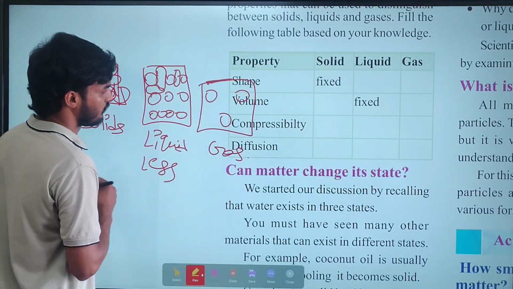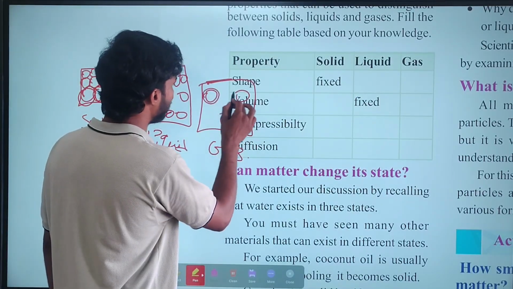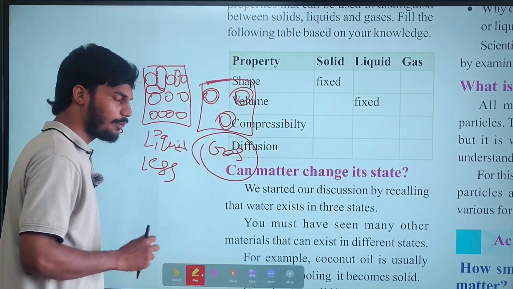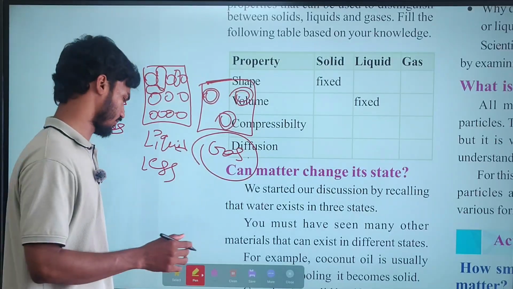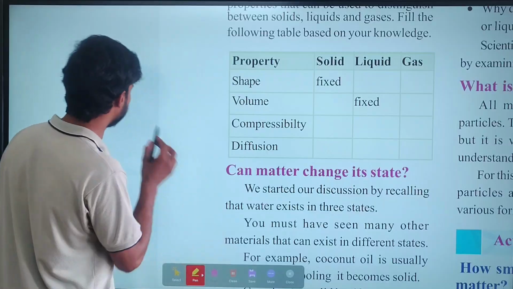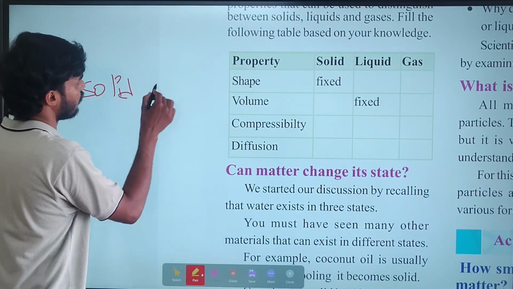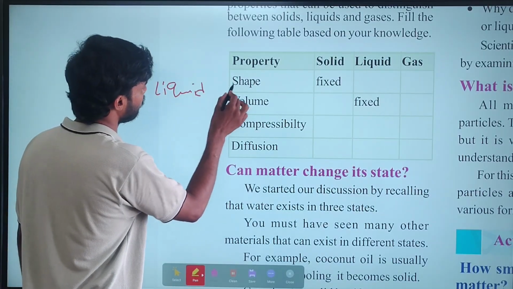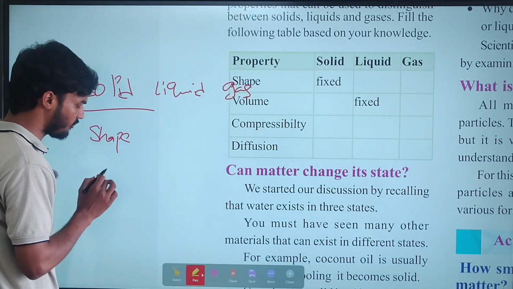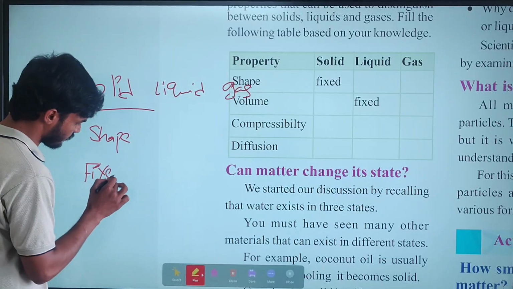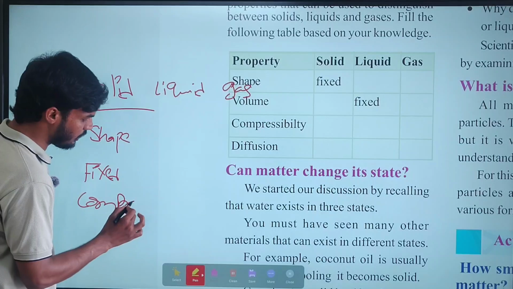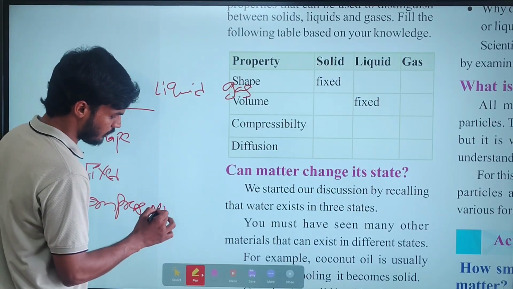In liquids, the particles' intermolecular spaces are loosely packed as shown in the figure. The compressibility of gases is very high. Solid has a definite shape, proper shape, fixed volume, and compressibility is negligible.